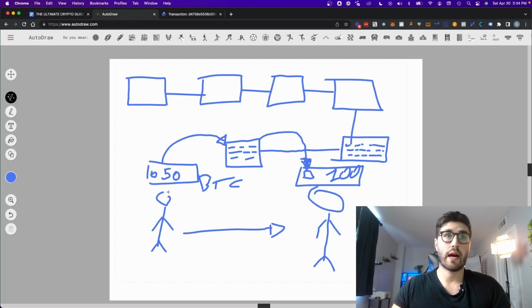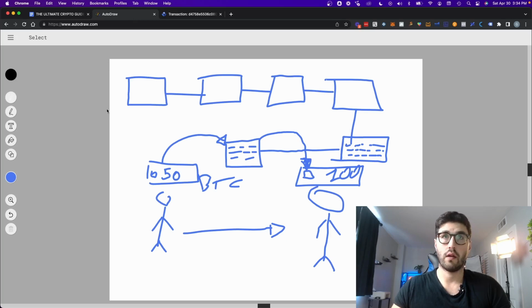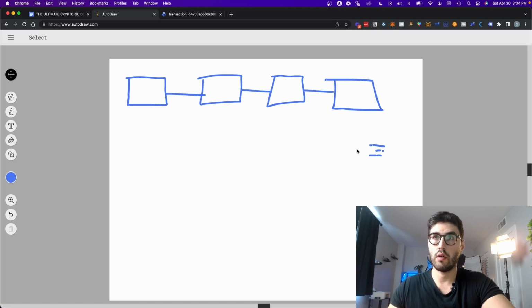So if we go back to our drawing right here, as I mentioned earlier, anytime a block is created, all this information is stored right there, and the block gets added to the chain, okay?